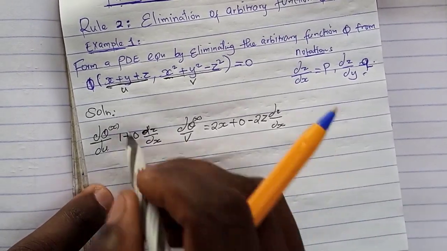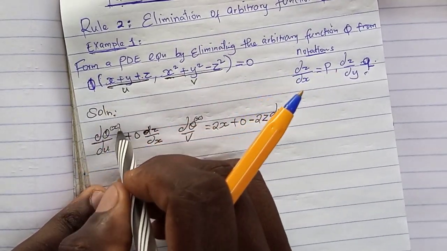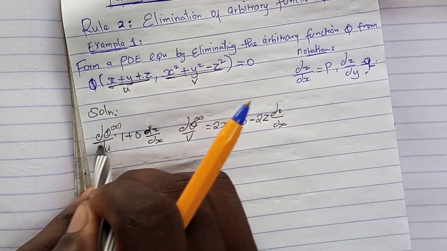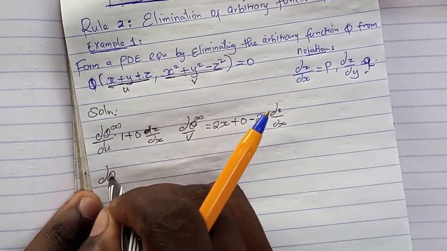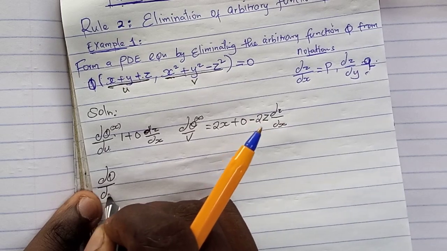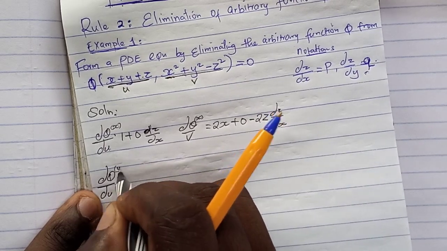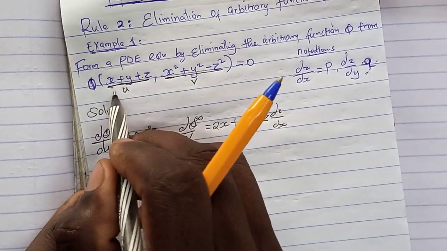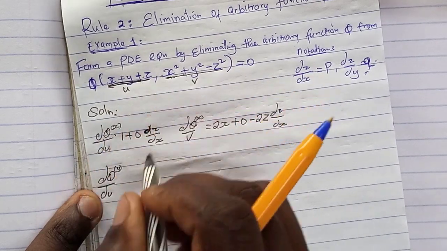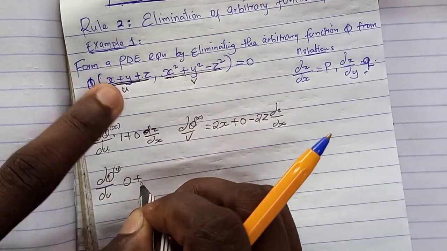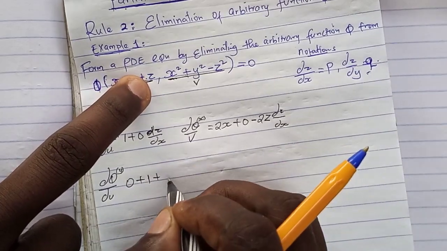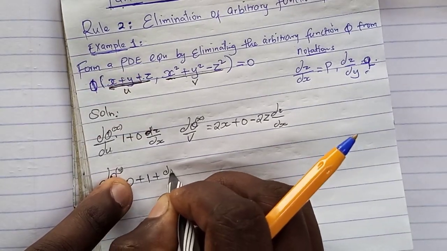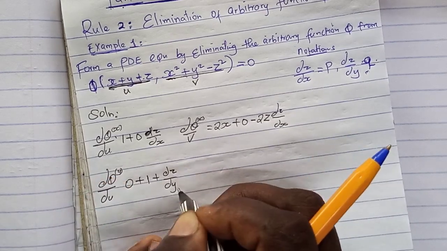Now this is differentiating partially with respect to x. Next, we differentiate partially with respect to y. If we differentiate this part with respect to y, it will be 0 plus 1 plus, if we differentiate z with respect to y, we get partial z partial y.